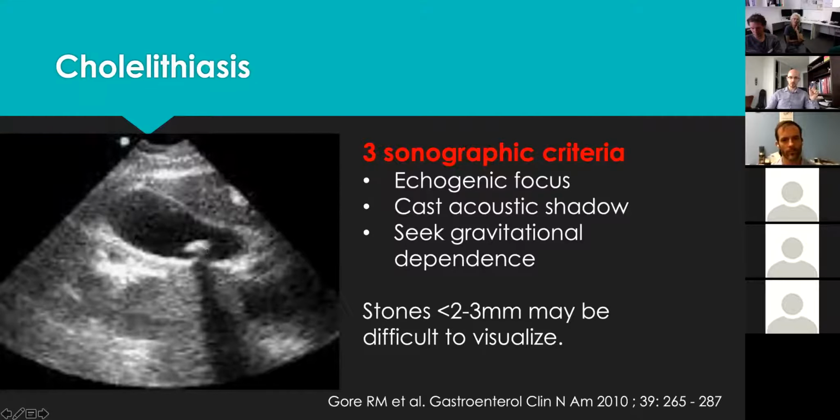So it's very important when we think there might be a stone somewhere, to put the focus there to minimize the beam width in that area. Even then, obviously any stone less than 2 or 3 millimeters, depending on the quality of your ultrasound probe and how wide the beam width is at the focus, you might miss it, because you might see the hyperechoic area but you might miss the shadow. It might not cause a shadow.